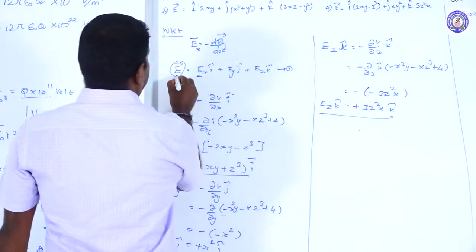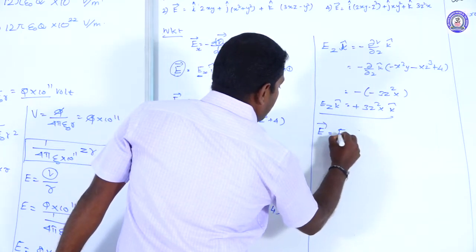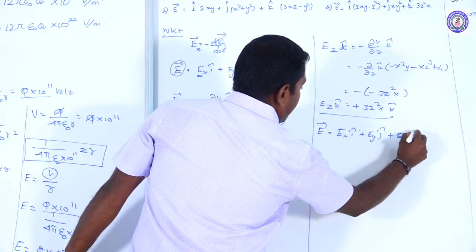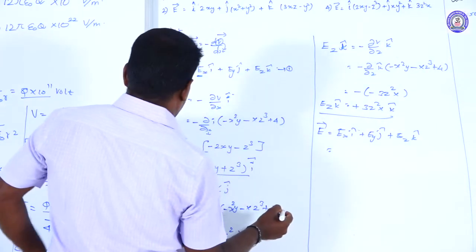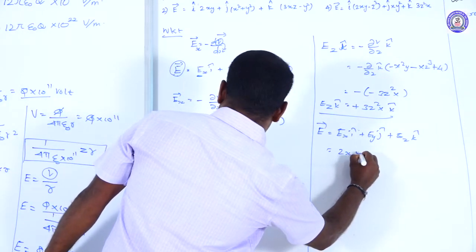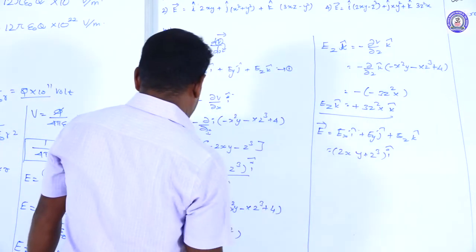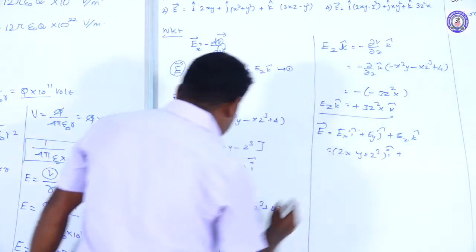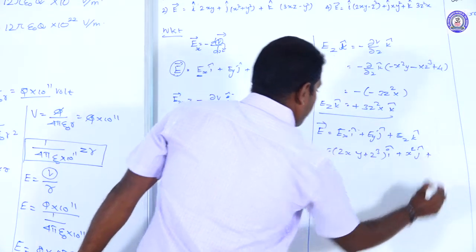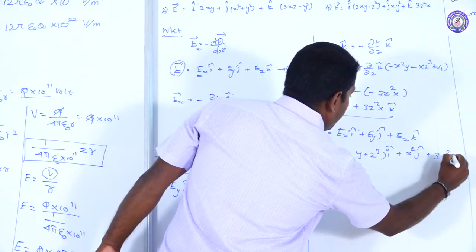Then the resultant electric field intensity at a point in space, E vector, is equal to Ex i cap plus Ey j cap plus Ez k cap. So Ex i cap is 2xy plus z cube i cap, Ey j cap is plus x square j cap, plus Ez k cap is 3z square x k cap.